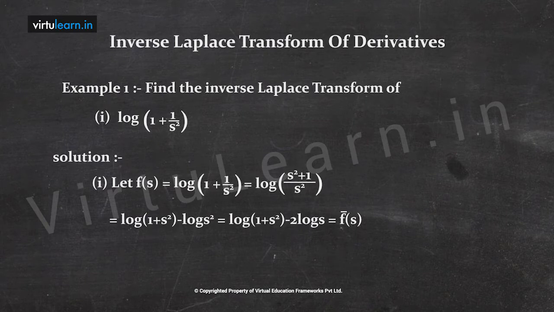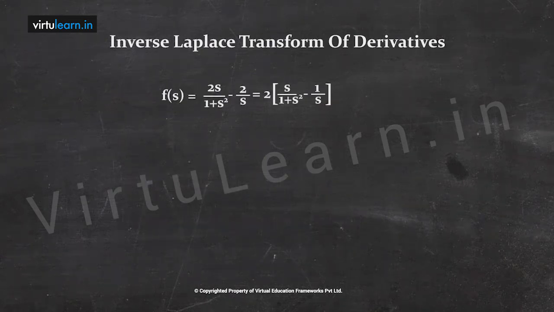I modified the given f bar of s. Now the first derivative of f bar of s is 1 by (s square plus 1) into 2s, minus 2 by s. Taking 2 common, this can be written as 2 times [s by (1 plus s square) minus 1 by s].